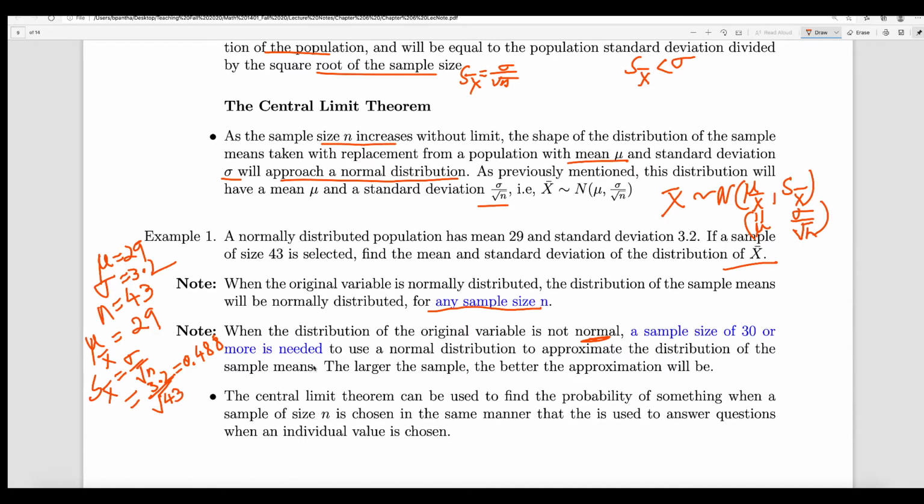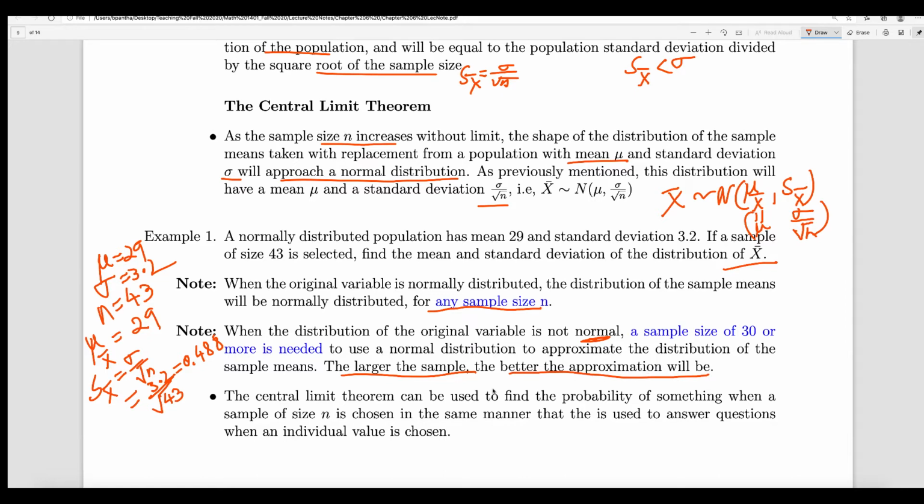That's it, the bigger sample size is needed to use the normal distribution to approximate the distribution of the sample mean. Meaning, if the population data is not normally distributed, then the sampling distribution of the sample mean will be approximately normal if the sample size is bigger than 30. Otherwise, it may not be normal. The larger the sample size, the better the approximation will be.